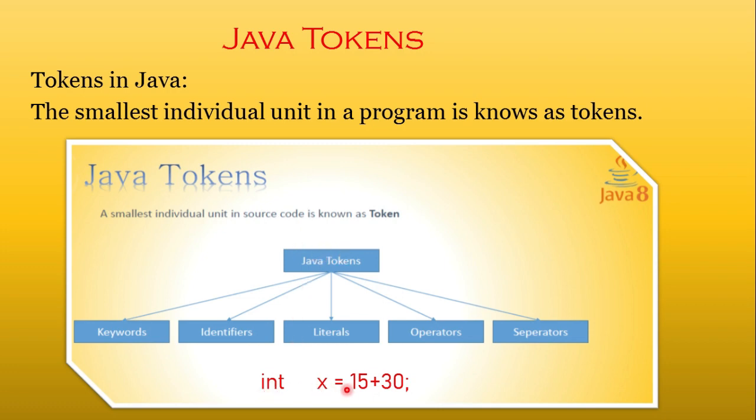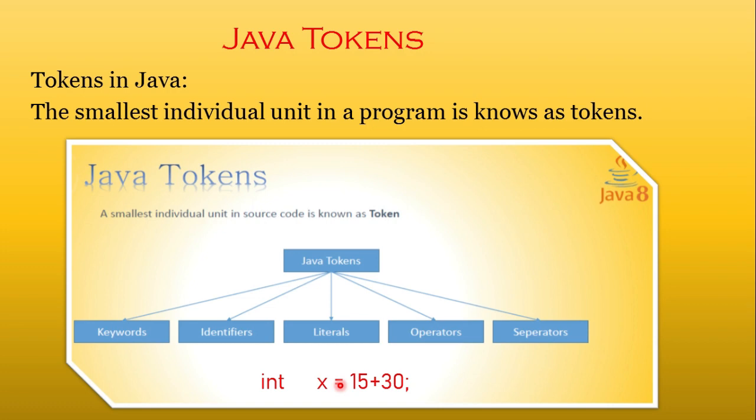Each individual unit means, this is int. In this category, I have 5 divisions over here. In this category, you need to find out what this is. This is a keyword. Now, x, identifier.